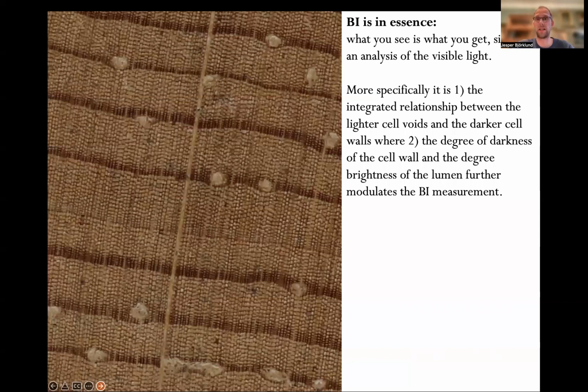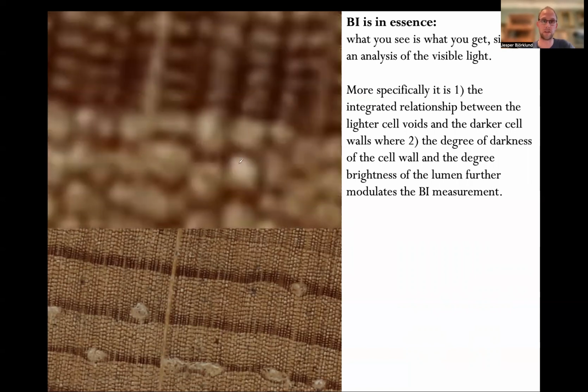But more specifically, it is the integrated relationship between the darker cell walls and the lighter cell voids, as you can see in this image here. So the darker cell walls and the lighter cell voids.